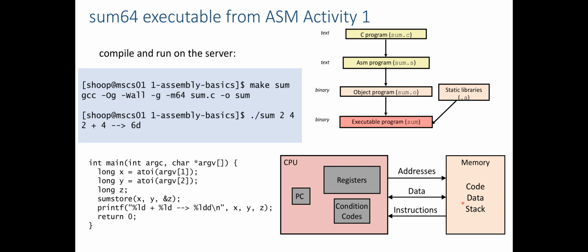Okay, so now here is how I went ahead and compiled the program called sum from sum.c. You see here that GCC created this binary executable program called sum. And on the next line, you'll notice how I executed sum.